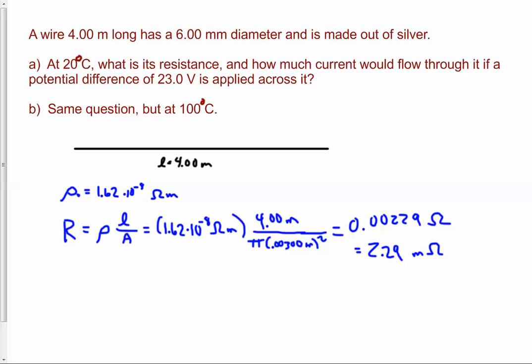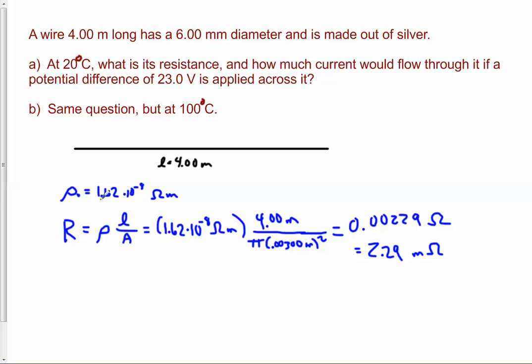You'll see when we look at resistors, which are made to have a lot more resistance, this is a small amount of resistance. That is the point: we're figuring out the resistance of a wire, but if anything else is involved, like a light bulb, it will create a lot more resistance, and this is almost negligible. But we're figuring it out. So that's the first part of part A.